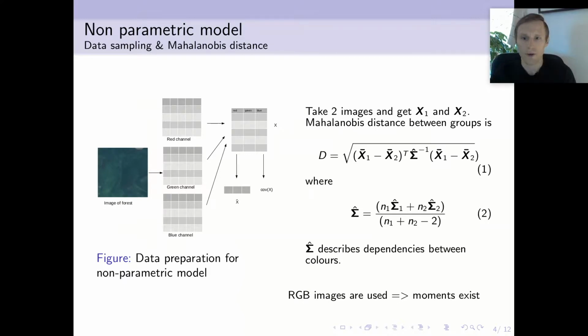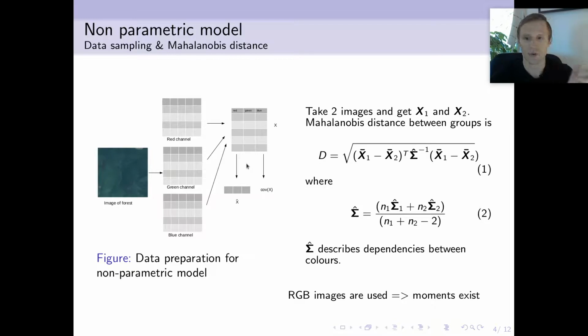And now let's turn our attention to the non-parametric model. Consider an RGB image of forest. It consists of three matrices: red, green, and blue. So we take each of the matrices and turn them into vectors and then stack these vectors together to obtain a new matrix X here.